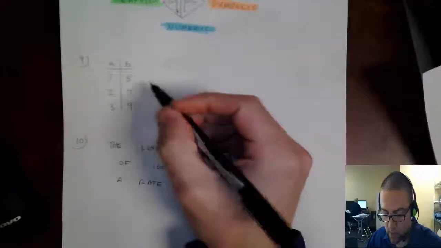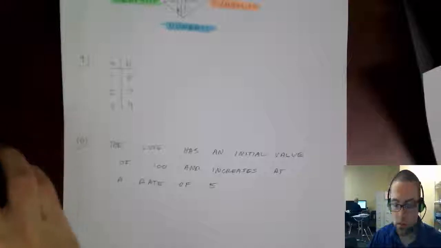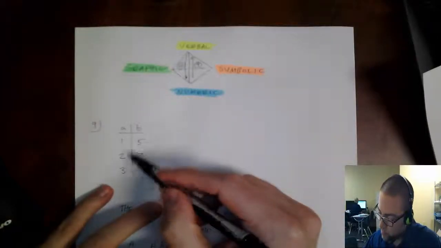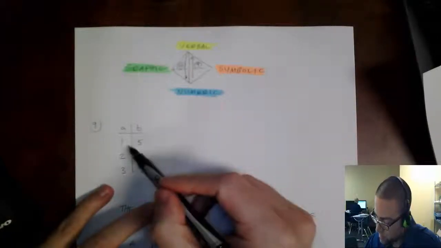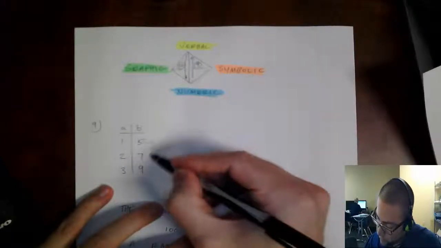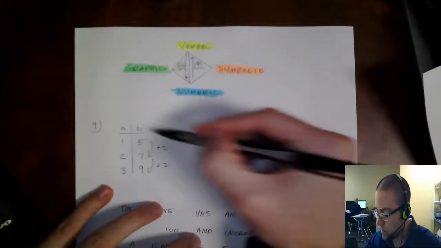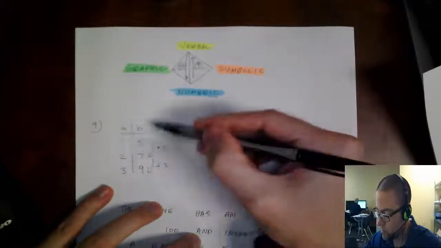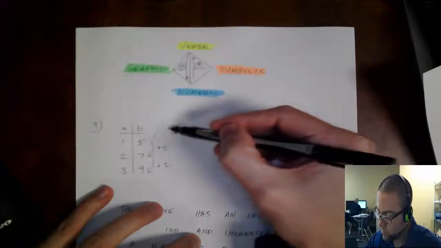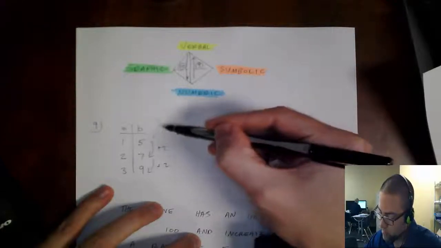Alright, next we have verbal to numeric, numeric to verbal. So we start with a numeric description. Let's write a verbal description. So it looks like it's going up by 2 each time, plus 2, plus 2. And so if I track back from 1 to 0, I would subtract 2 to go backwards.